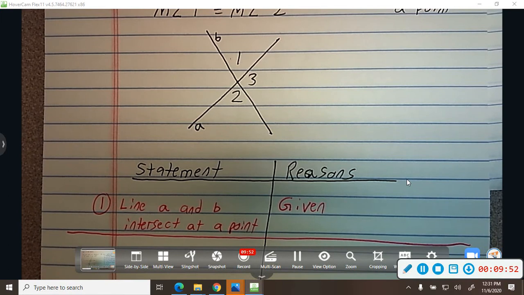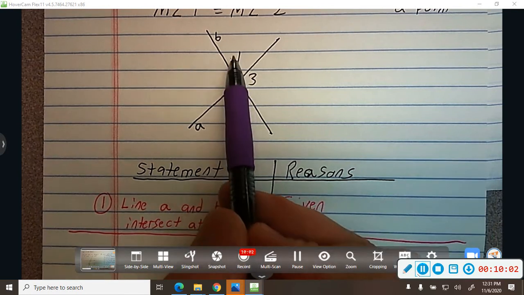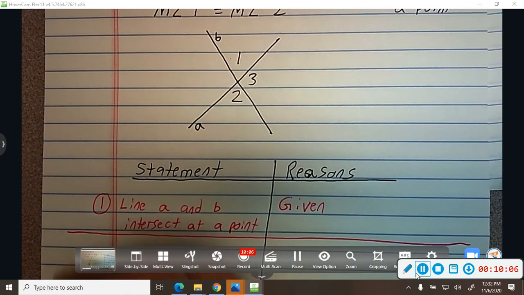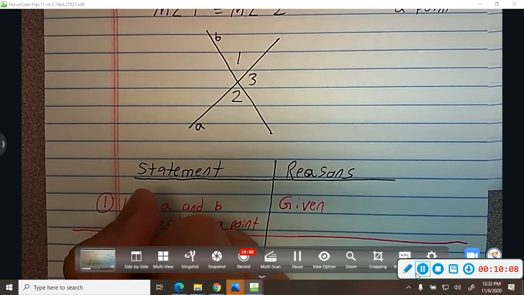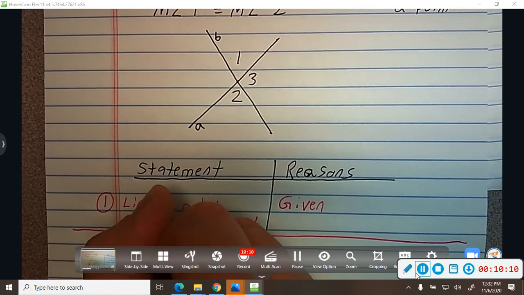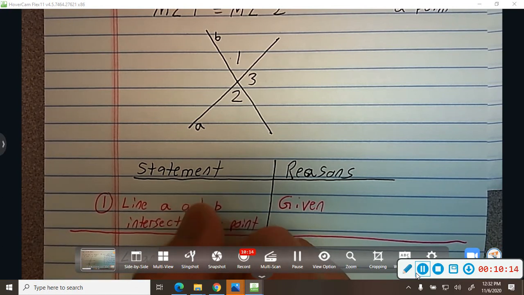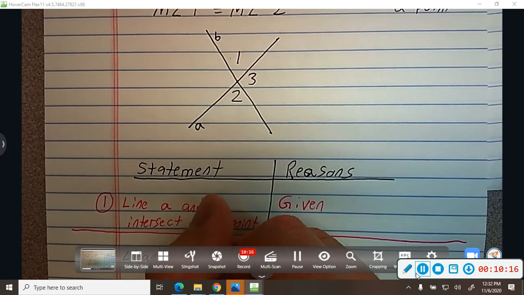and again, it's just like writing an essay. You can make these things as long as you want. But I'm going to say that there's a relationship between 1 and 3. And I'm going to say angle 1 and angle 3 are linear pairs.